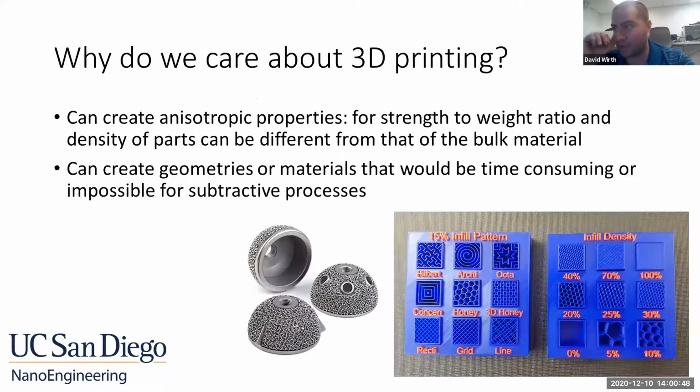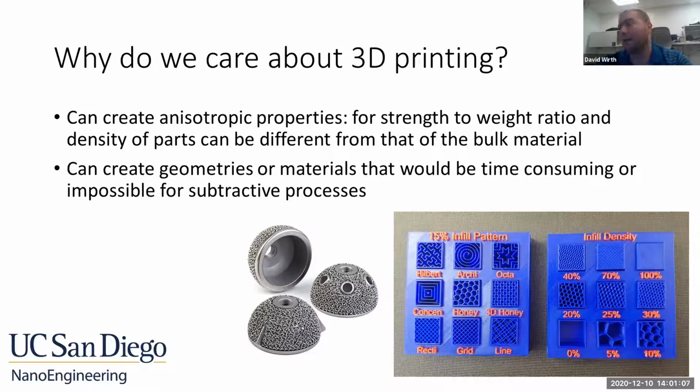So just to start things off, the big question here is why do we care about 3D printing, right? What's so great about it? What can we do with it that we can't do with other manufacturing techniques, right? Well, the biggest thing is you can create anisotropic material properties.